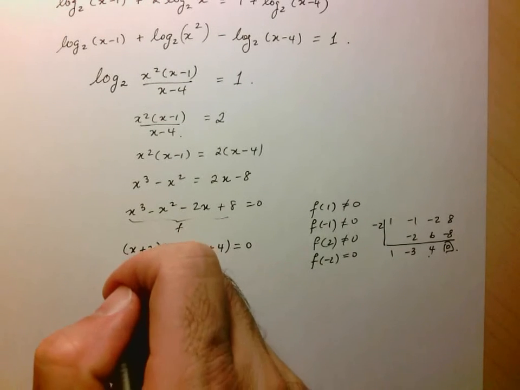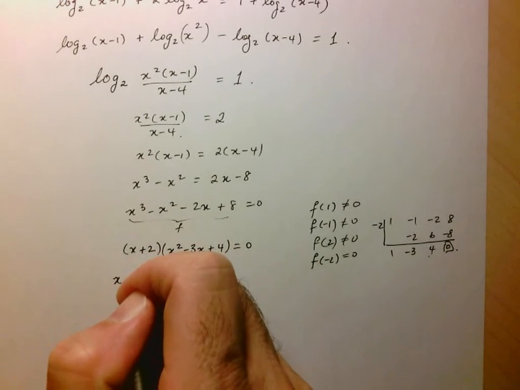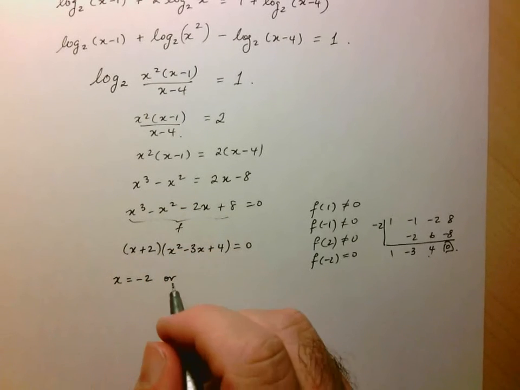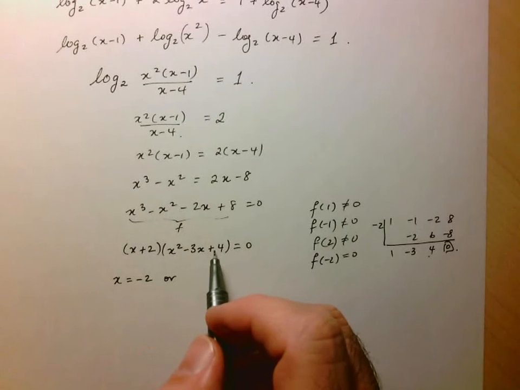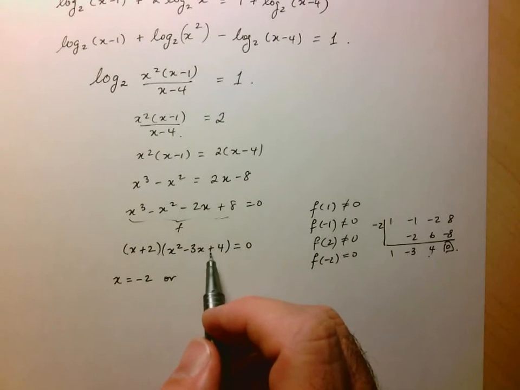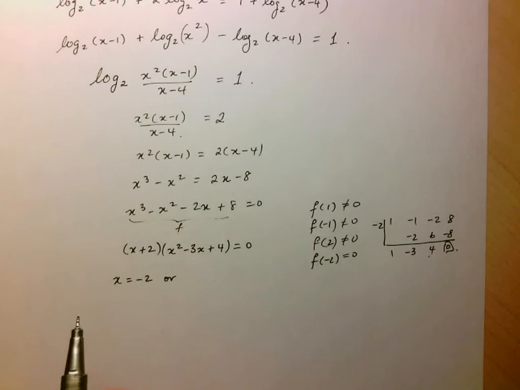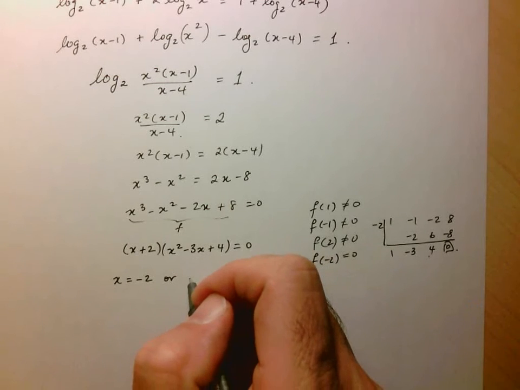Here we have that x can be equal to negative 2. Or, well, here I take a look at this, and with 4 and 1, they either have to both be positive or both be negative, so I can't get to negative 3. And with 2 and 2, again, there's no way I can get to 3, so we'll have to use the quadratic formula.